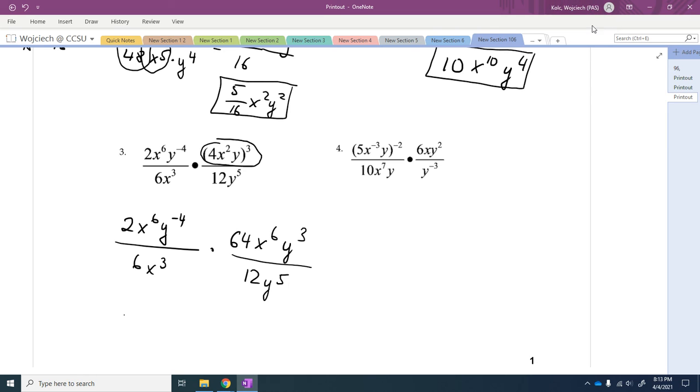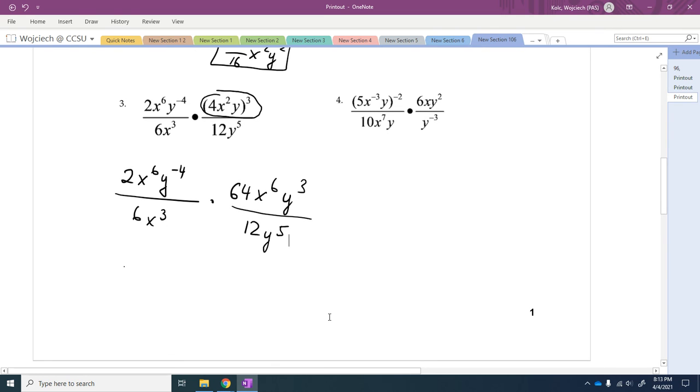Okay. Probably the best thing to do is to simplify some fractions, but I will just multiply the numerators. 2 times 64 is 128. x to the 6th times x to the 6th is x to the 12th.